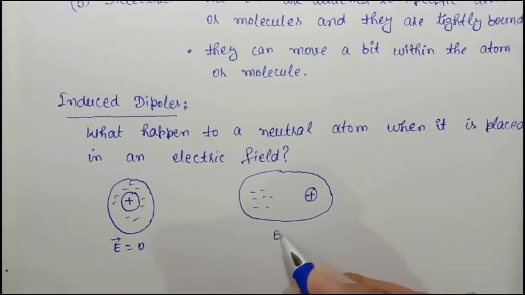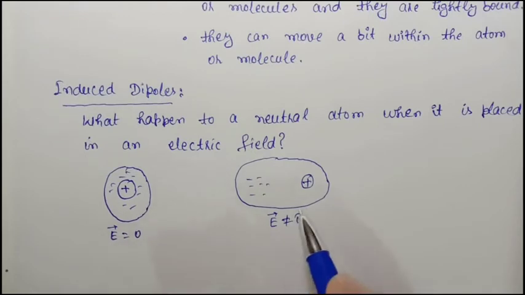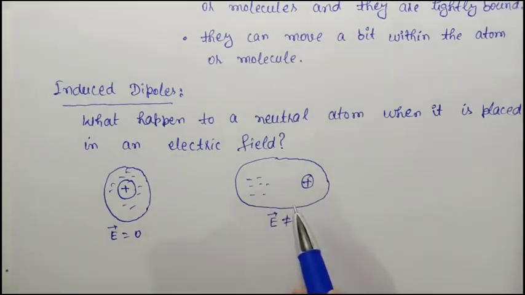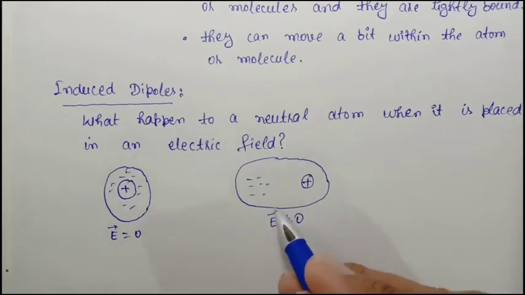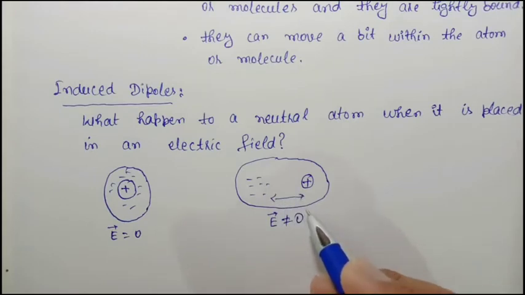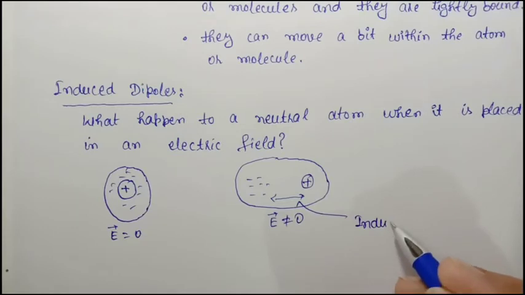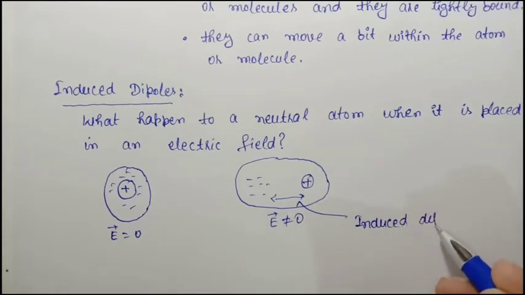That is, when electric field is not equal to 0, the positive charge, that is the nucleus, will move along the direction of the electric field, and the negative charge will move in the opposite direction. As a result, we get an induced dipole.